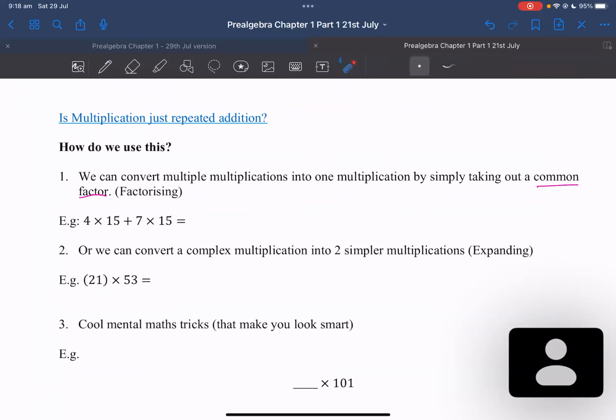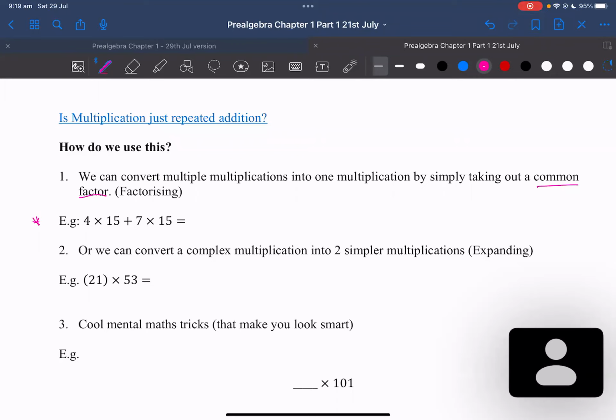It's only 2 multiplications in this one, but we can convert that into 1 by noticing there's a common factor. What's the common number in the 2 multiplications in this example? It's 15. Yeah.